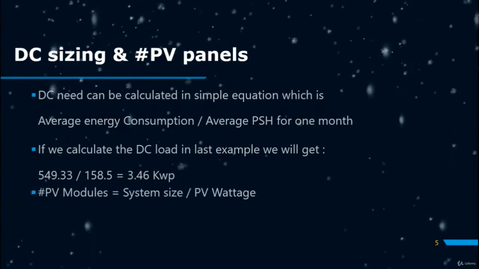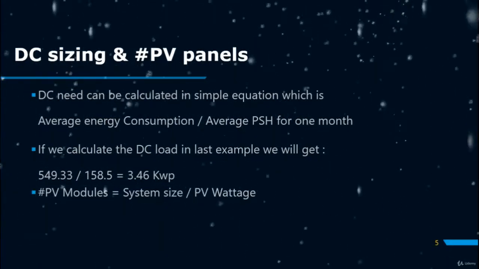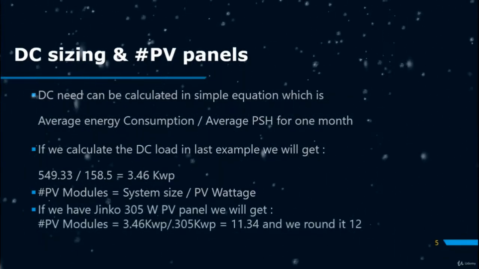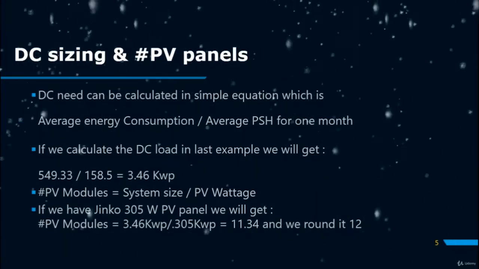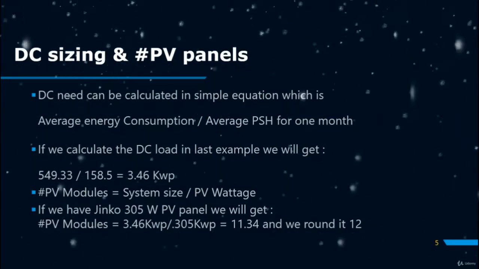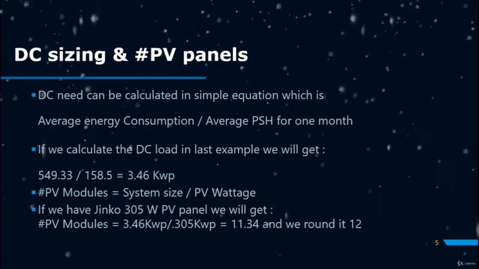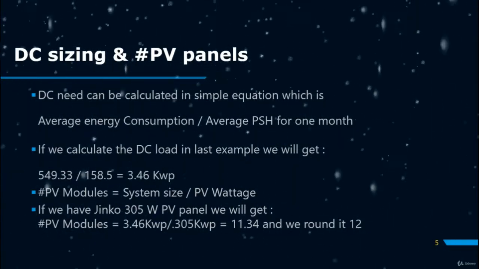So number of PV modules equals system size over PV watts. If we choose JinkoSolar, for example, a 305 watt PV panel, we will get the number of PV modules: 3.46 kilowatt peak over 0.305 kilowatt peak, not 305 kilowatt peak, because we should use the same units to get the right result.